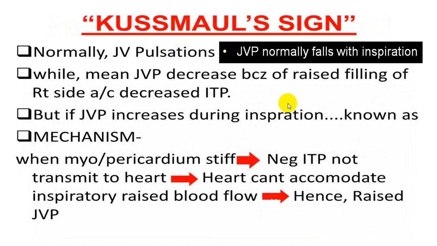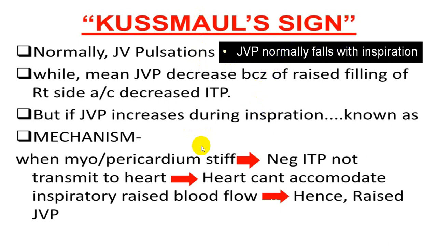Forget about all those. I've already explained to you Kussmaul sign. The person, when he takes a deep inspiration, there is an increased venous return, and a person who has got already increased pressure in the pericardial sac, it will produce elevation in the JVP. In a normal person, there is a fall in JVP.